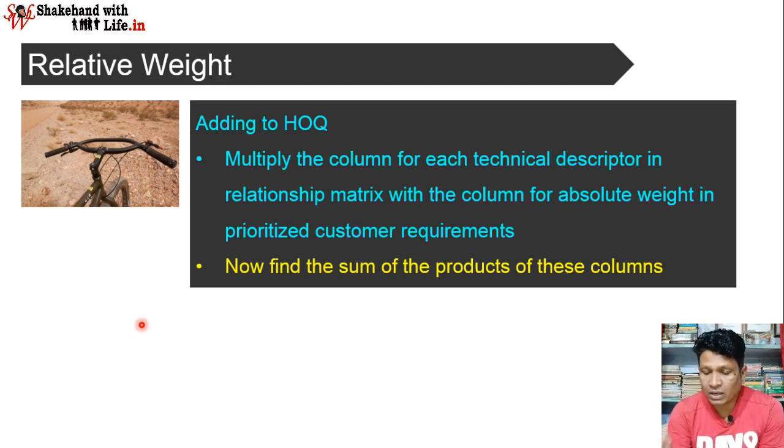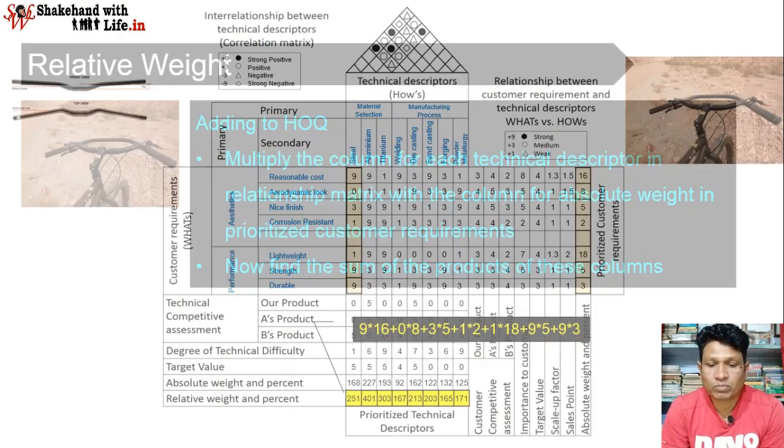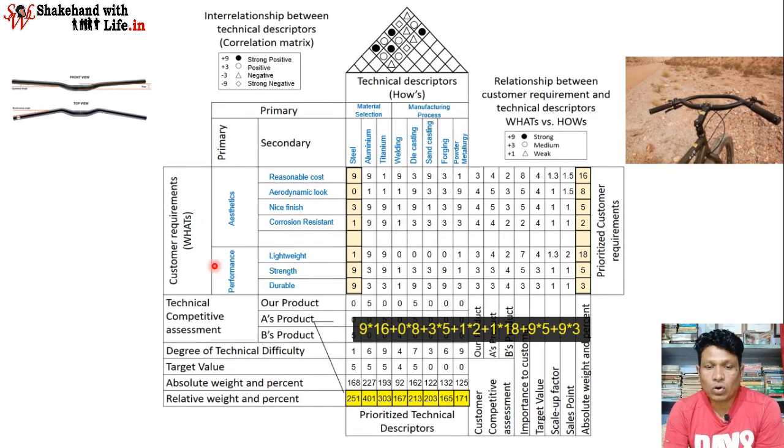And then we again find the summation of the products of these columns. So we have the column under steel, and the multiplication is done with the absolute weight score in prioritized customer requirements.